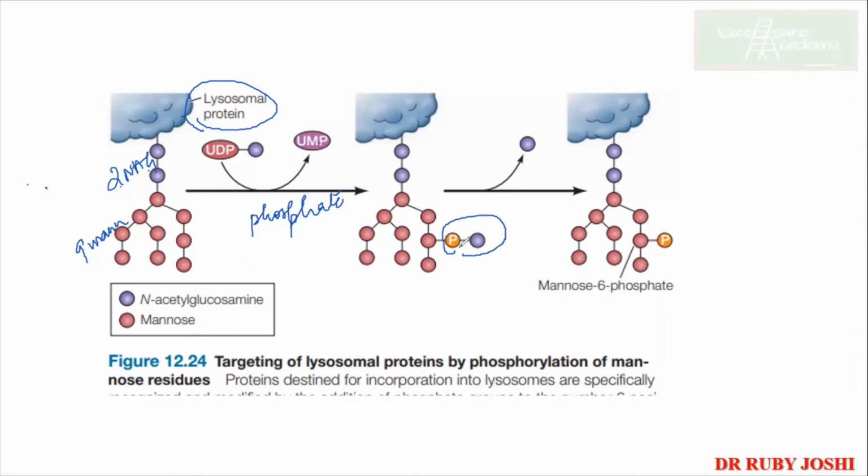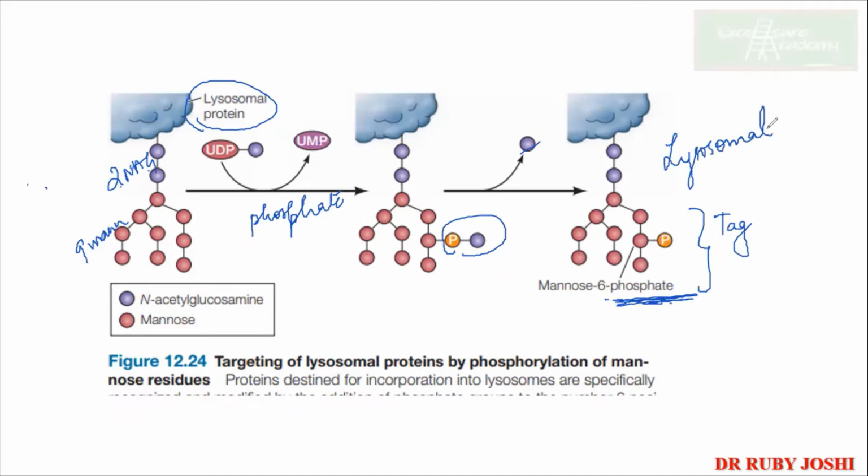Okay, did you get the difference? And later this is removed. What is required is that at the 6th mannose, the phosphate group has been added. Now this becomes the tag. It is known as the lysosomal tag.